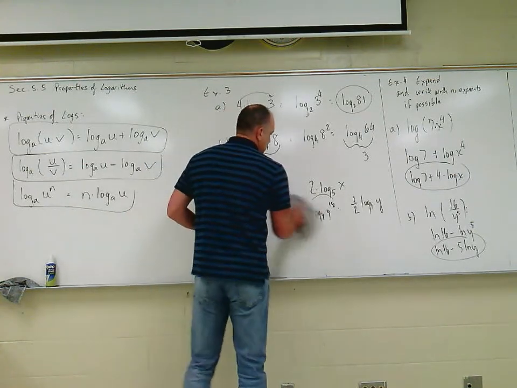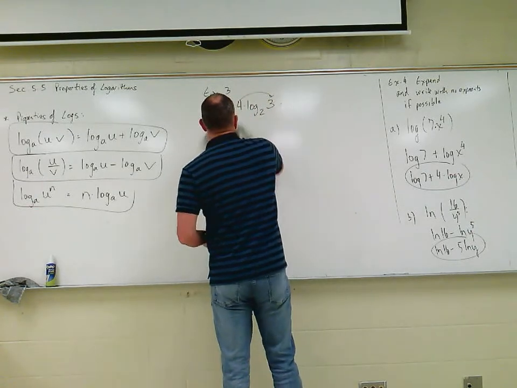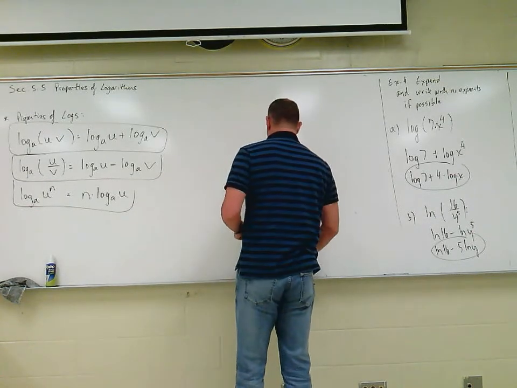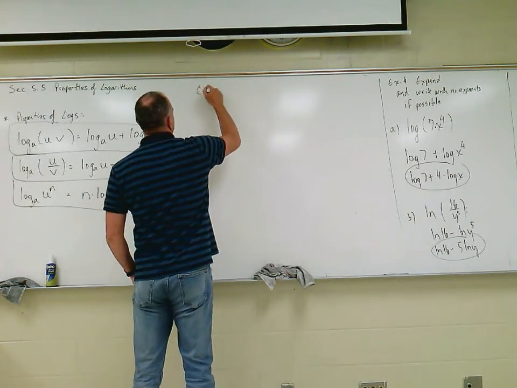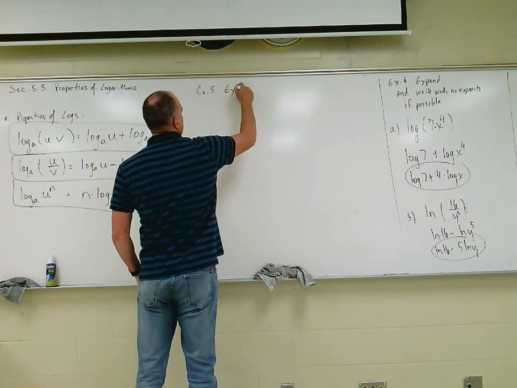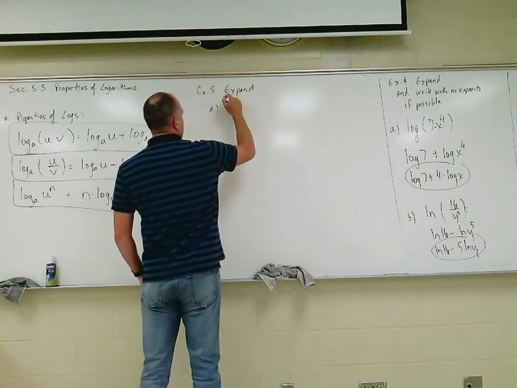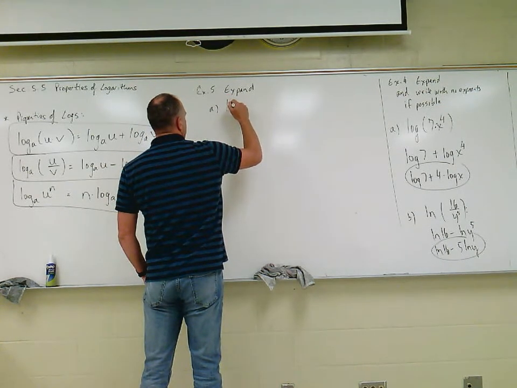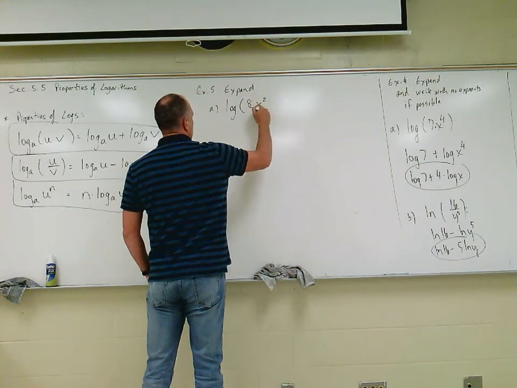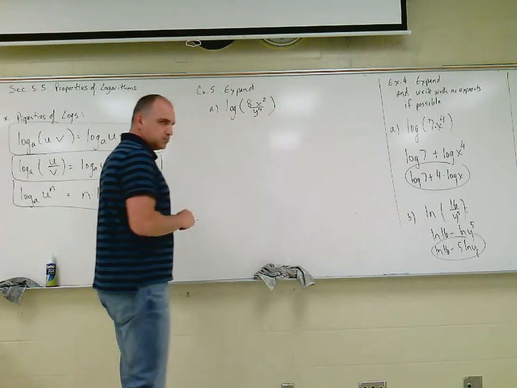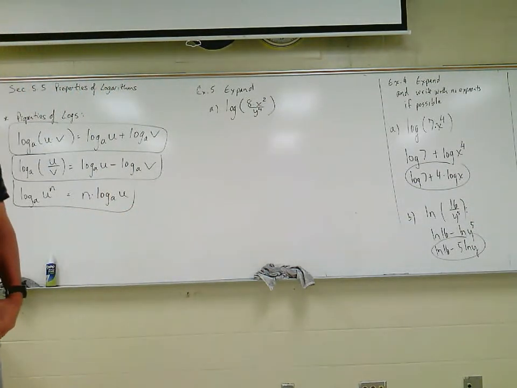The last kind that you'll see is quite possibly where you could have both. For example 5, expand again. Now you might have a little bit of both. Let's say we have log of 8 times x squared over y to the fourth. Now I just have to decide which one I want to do. I do 2 at a time.